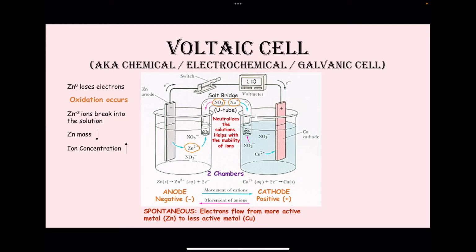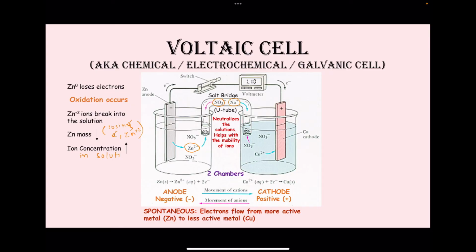And so eventually the mass of the zinc electrode is going to decrease, because remember, the electrode is losing electrons and it's also losing the zinc ions. As the electrode keeps losing more electrons and more zinc ions, the mass of the electrode is eventually going to decrease, and the ion concentration in the solution is going to increase.